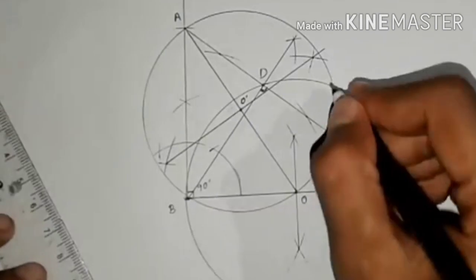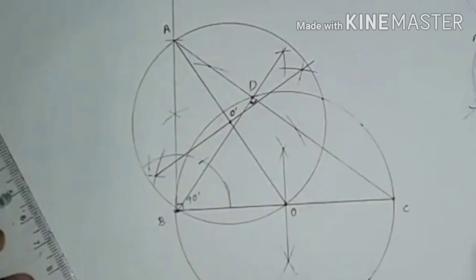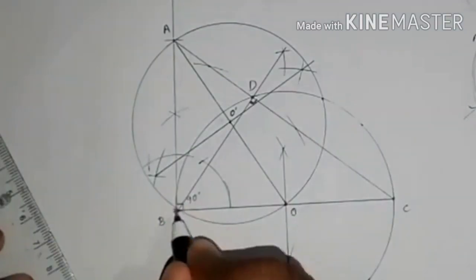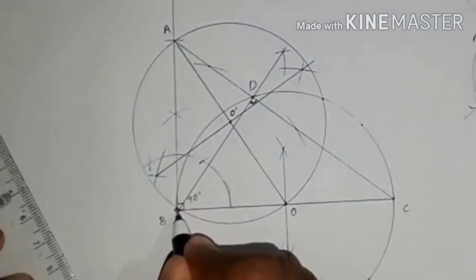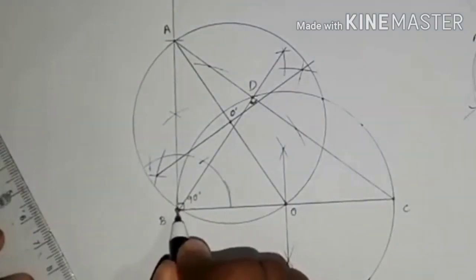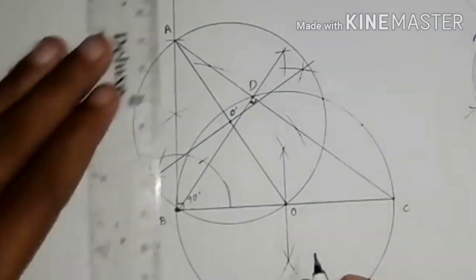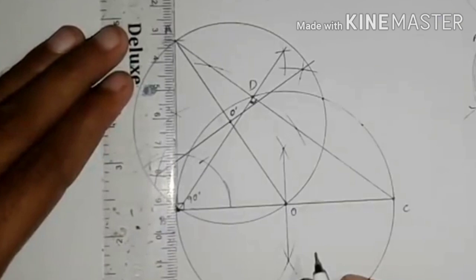So the new circle is intersecting the previous one at 2 points. Mark those points of intersection of two circles. One is at the point B itself, another one new point we have got. So we have to join these 2 points to A.